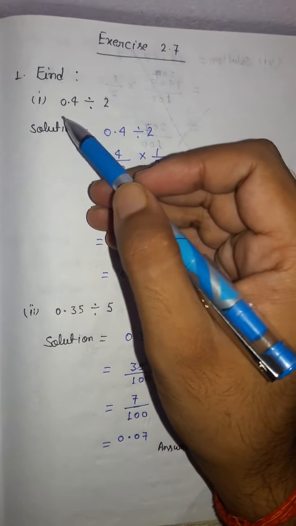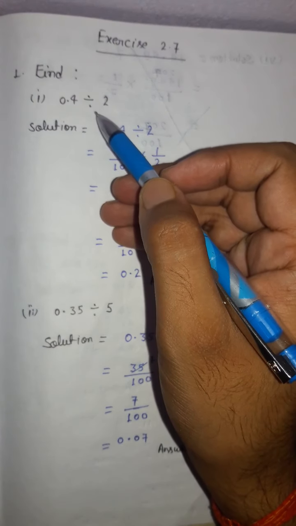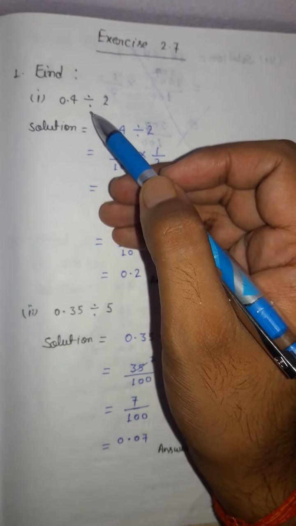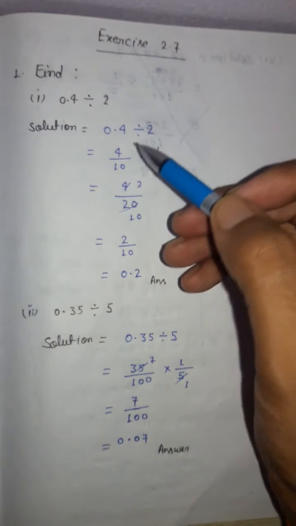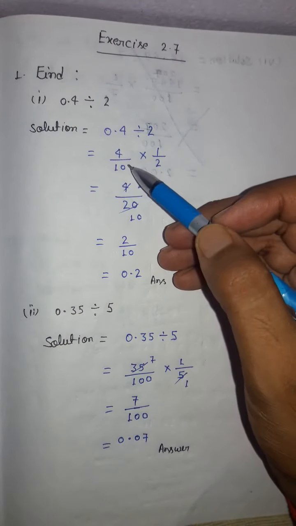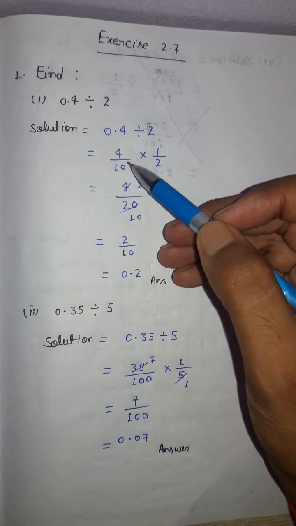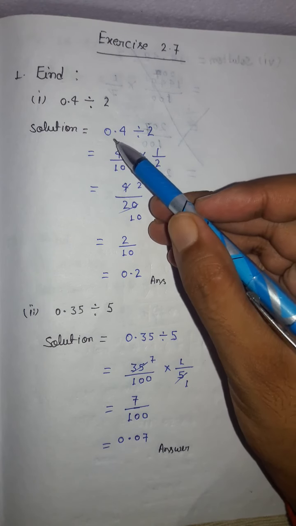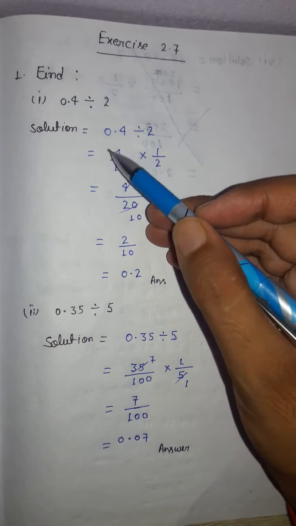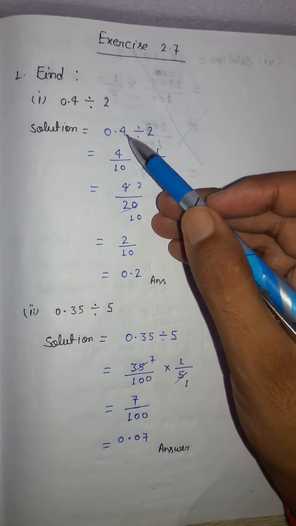We have to divide 0.4 by 2. We know that 0.4 can be converted into a fraction. You know how to convert it, I told you in previous classes. You remove the sign of the decimal and write only the digits.